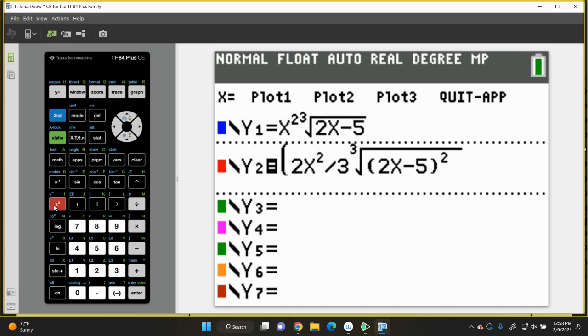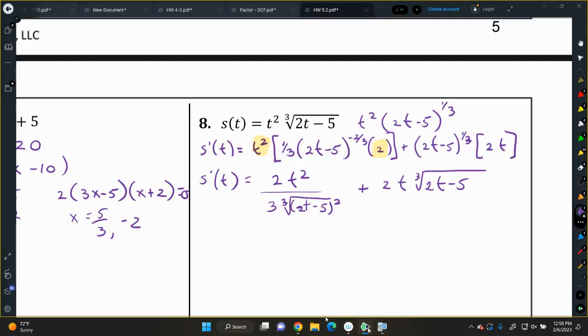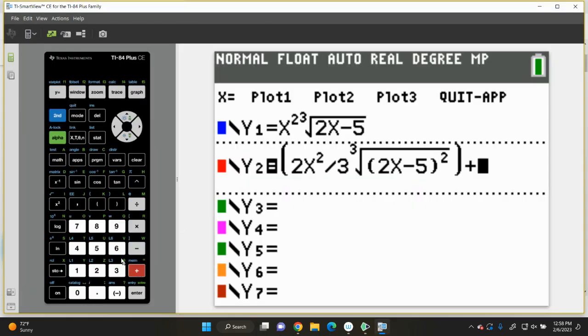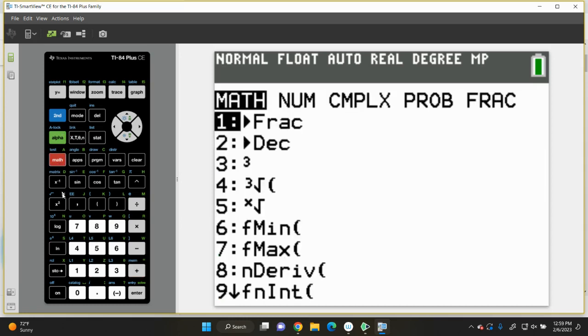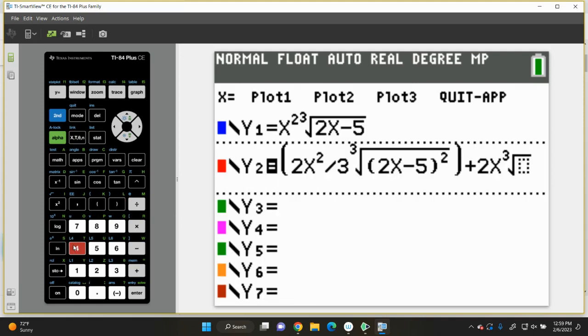Is that what I got? Yes, okay. And then plus 2t times the cube root of 2t minus 5.